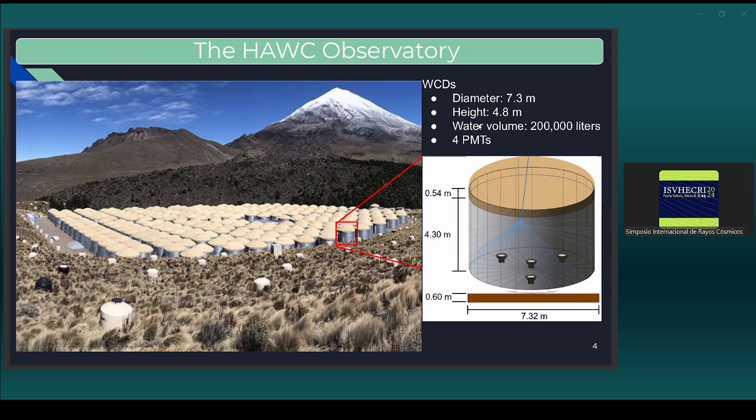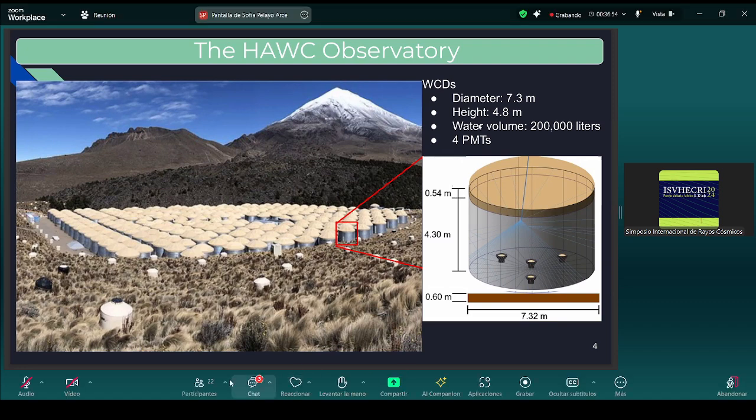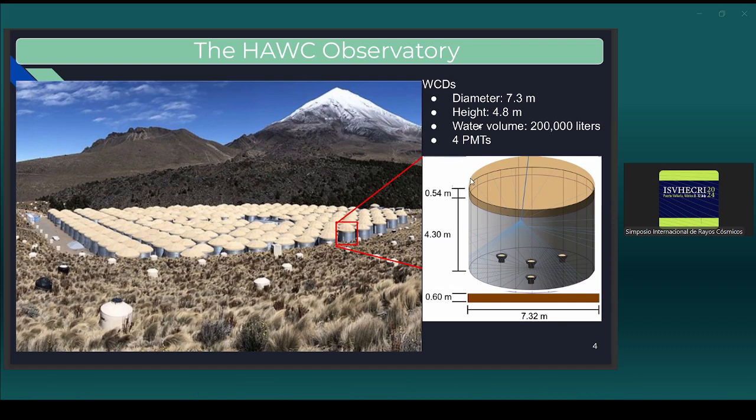They have a diameter of 7.3 meters and a height of 4.8 meters, and each is filled with 200,000 liters of purified water. At the bottom, we have 4 PMTs, so we can collect the Cherenkov light generated by the secondary particles from our air shower.